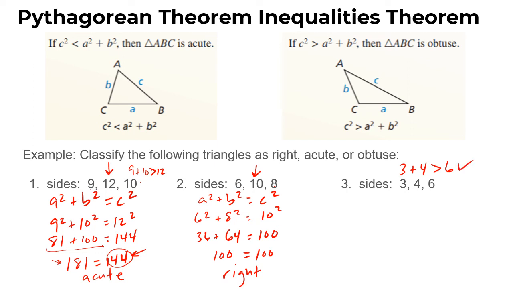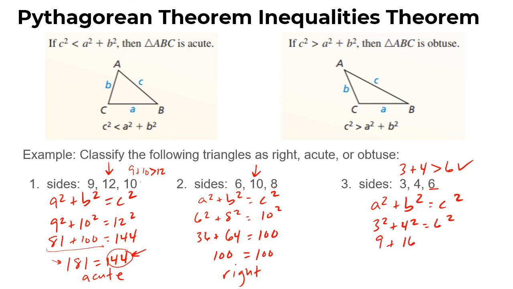And now we can try to solve for what kind of triangle it is by plugging it into our Pythagorean theorem. So a squared plus b squared equals c squared. Again, our hypotenuse is 6 because it's the longest side. So we've got 3 squared plus 4 squared and 6 squared as our total hypotenuse squared. And now we just solve.